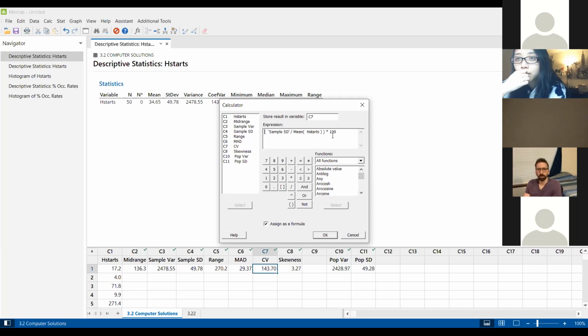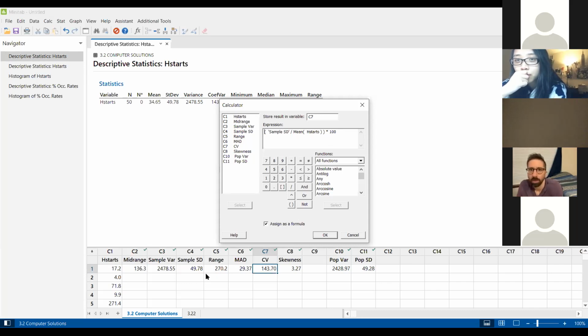And again, of course, you multiply it by 100 because it's a percentage. Another option is just to calculate this and change the column to a percentage, and it automatically expresses it as a percentage instead of a decimal. But I decided just to multiply it by 100 so you know it's a percentage. And the 143.7 is saying what?